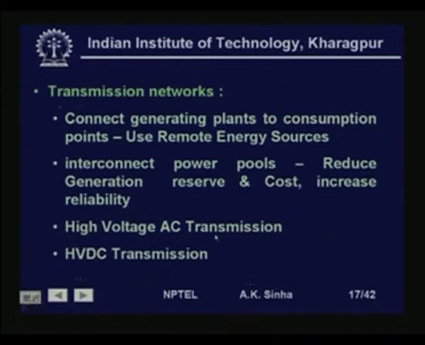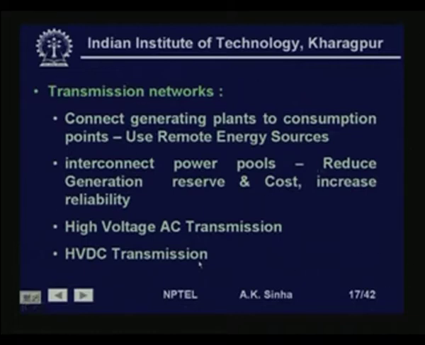Another aspect of transmission is we generally use high voltage AC transmission. We will see why we need high voltage AC transmission. The other kind of transmission which has been used in our country is high voltage DC transmission.